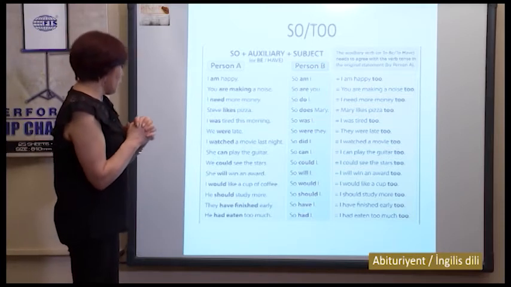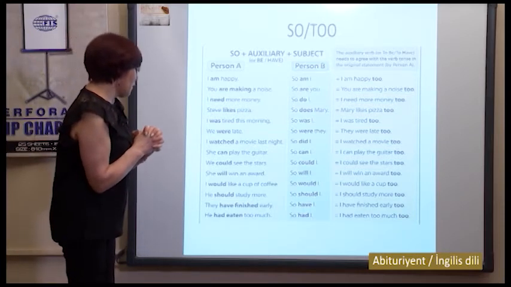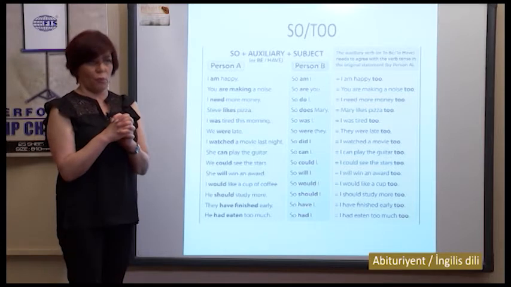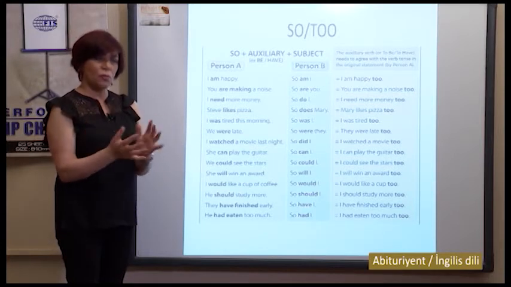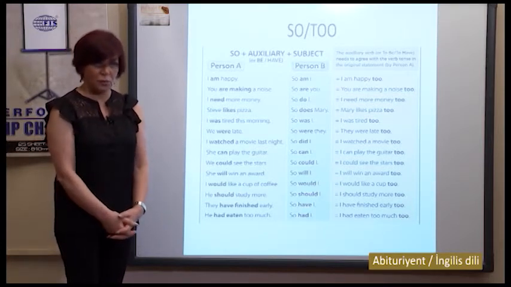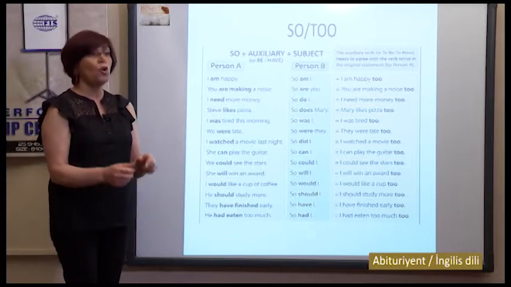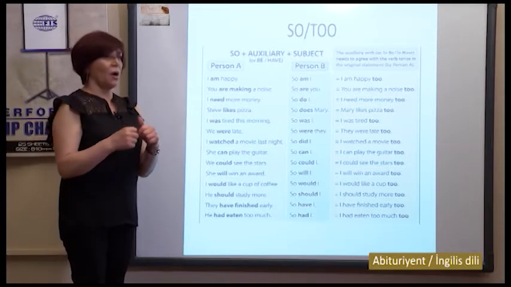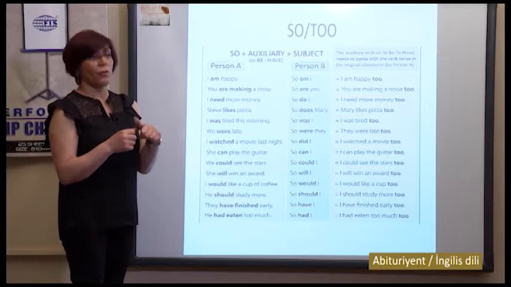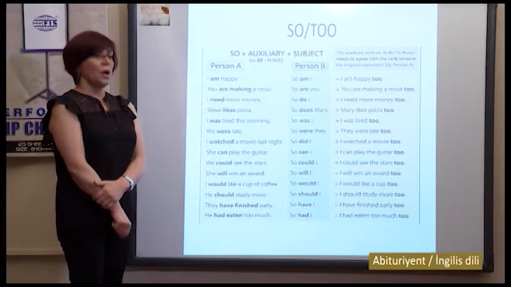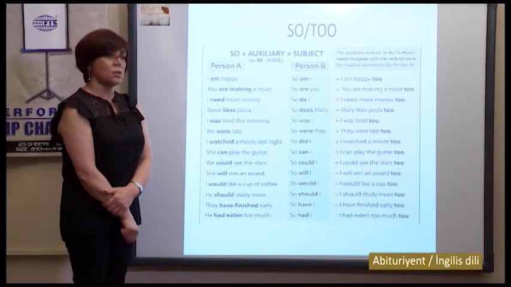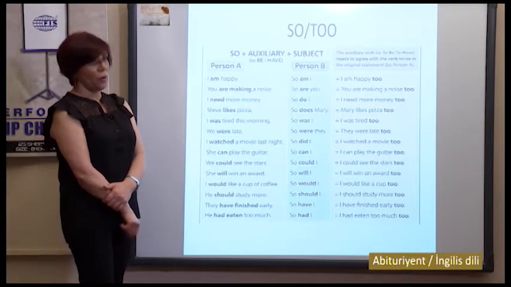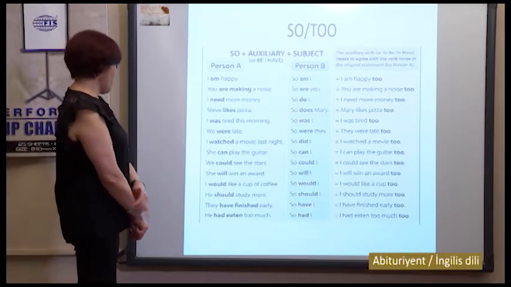The other modal verb, I would like a cup of coffee. And you also want to drink a cup of coffee, and you say, so would I, or I would like a cup of coffee too, or I also would like a cup of coffee, or me too.